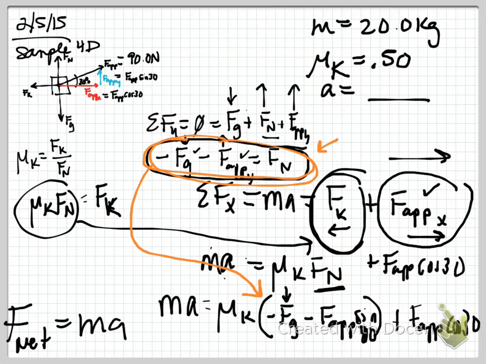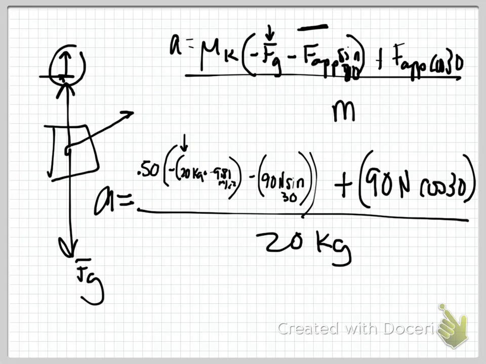So what we need to do is have it be applied force plus f of k, and then this is a negative number, so we're subtracting that. All right. So this whole thing solves to 75.6, and 90 times cosine 30.